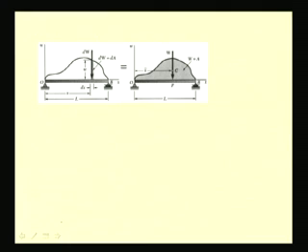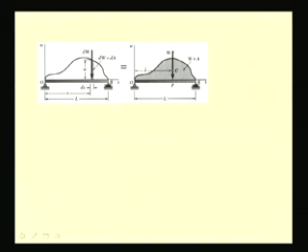If we want to represent this distributed load by a concentrated load, so that we can use the shear force and bending moment drawing procedures for concentrated loads for the distributed loads also, we have to find an equivalent concentrated load for any given distributed load.